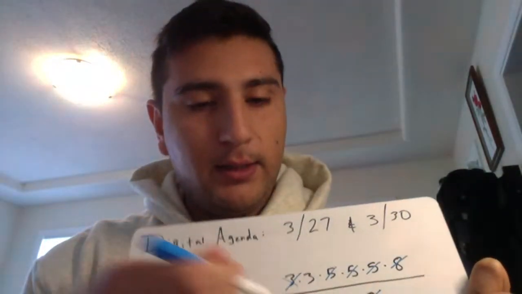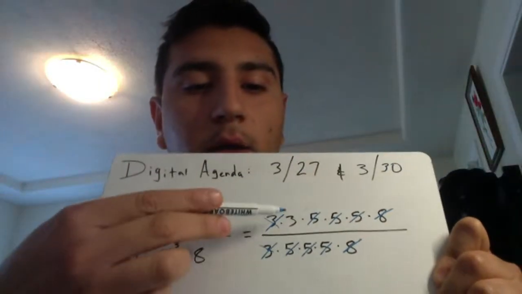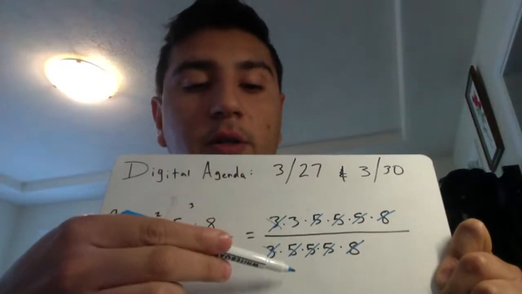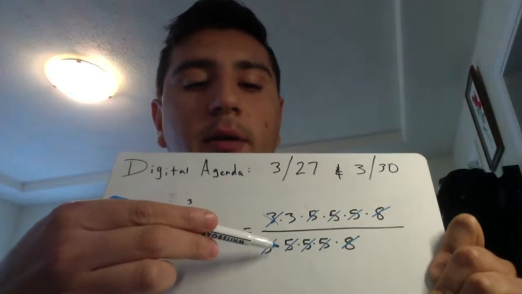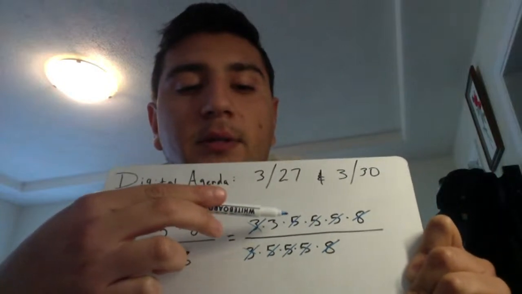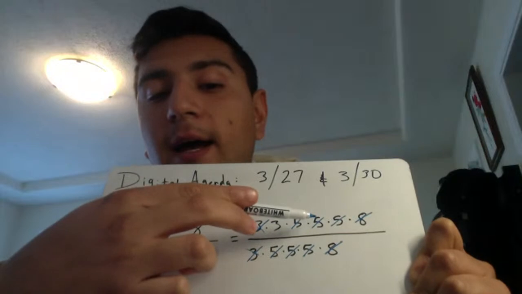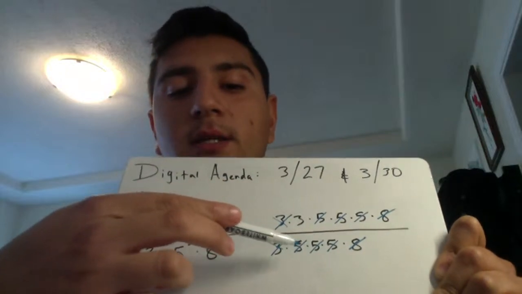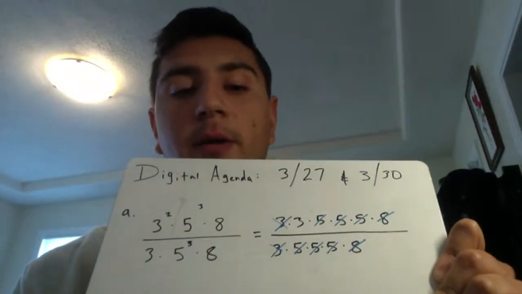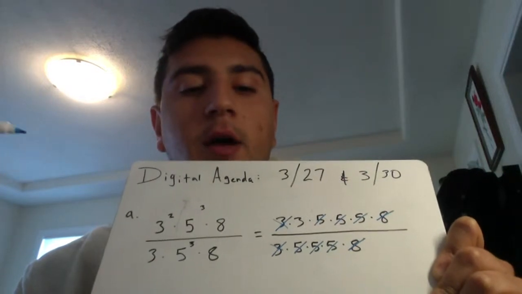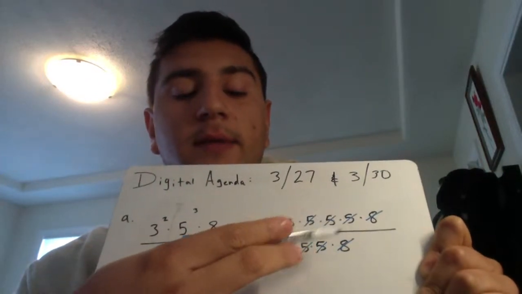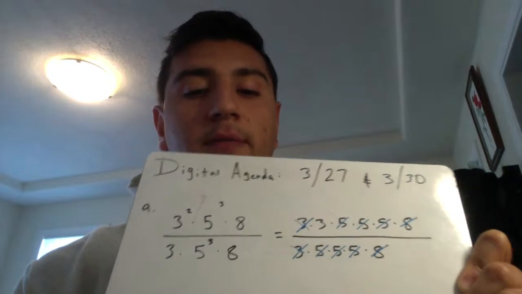We can put x's on those. Then we look at 3 again in the numerator. There's not another 3 to cancel in the denominator. But if we look at the 5s, there's 5 times 5 times 5, and also 5 times 5 times 5 in the denominator. We can cancel those out. They all match up. And same for the 8s. They match up. So all we're left with is 3.